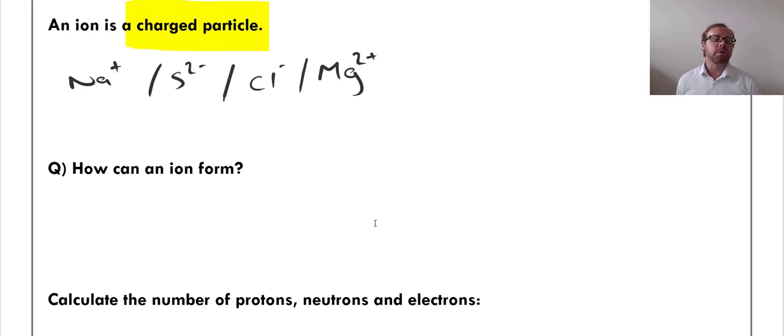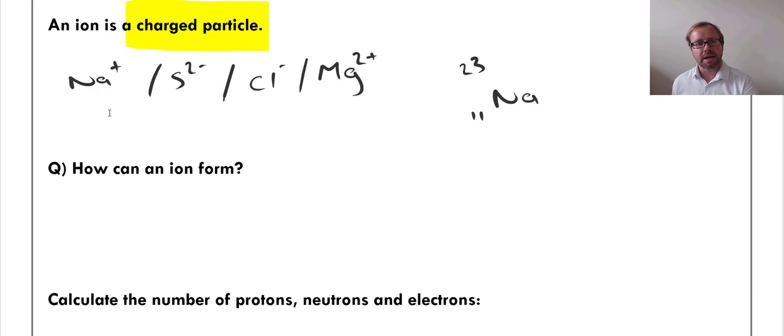However, there's a problem if we add protons. If we add protons to change the charge, such as in sodium here, let's write sodium as an example. So we have sodium, and we'll write the mass number and the atomic number of 11 and 23.